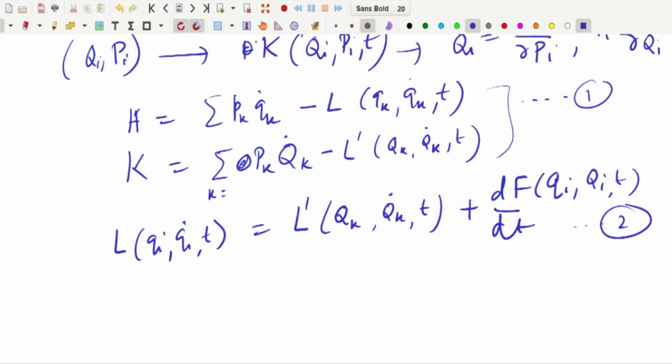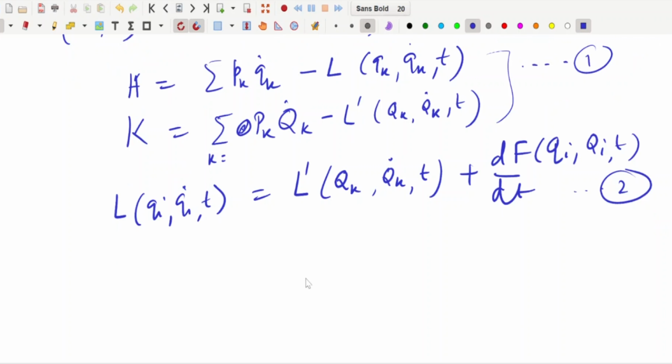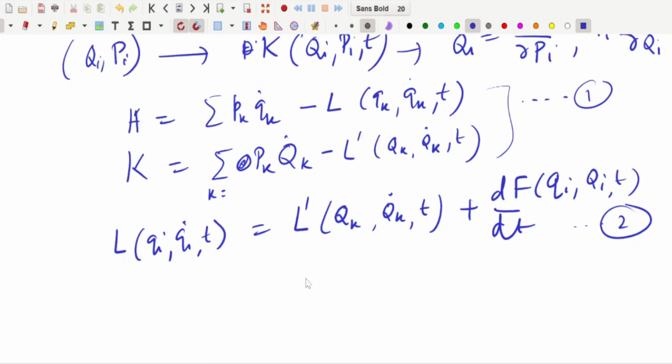Now we are trying to find the condition to check whether a transformation is canonical or not. For that we need to use this equation, that the Lagrangian changes by a gauge transformation, which does not change the dynamics, and also we have to use the definition of Hamiltonian through the Legendre transformation, which I have written in equation 1.